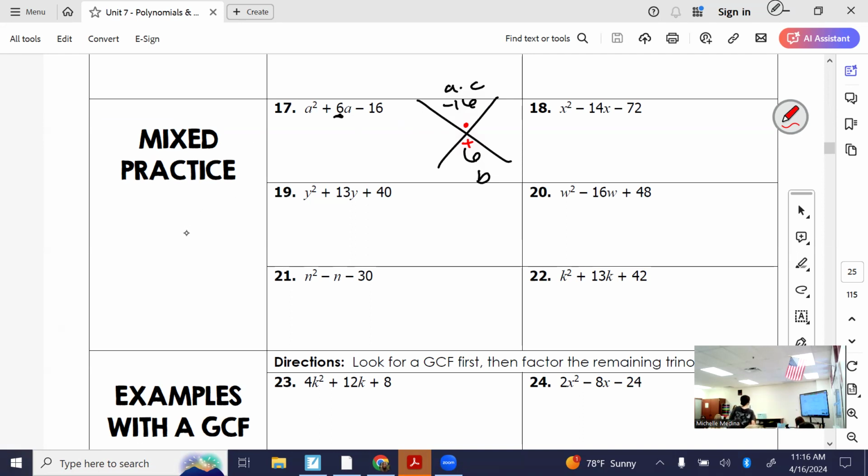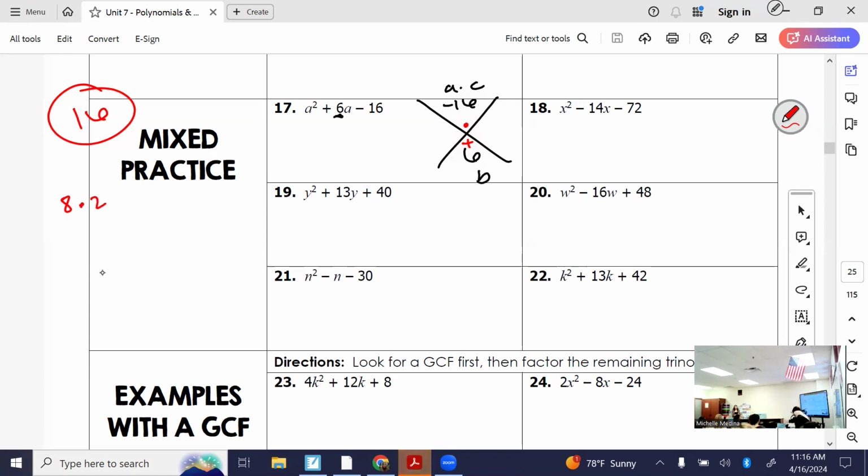Okay, can you give me some ways that I can multiply to 16 and I'll help you problem solve? So 16, we want to multiply to 16. What are some numbers that do that? 8 times what multiplies to 16?